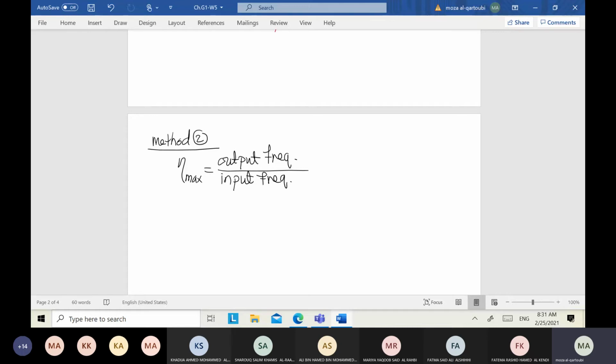So the output frequency will be the frequency of the gap, and the input frequency will be the frequency of the photon. So we need to find the frequency of the gap and the frequency of the photon. We can directly apply W is equal to H times F, so we can find F.